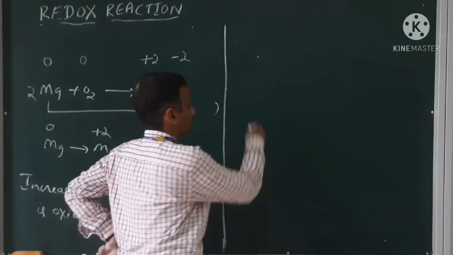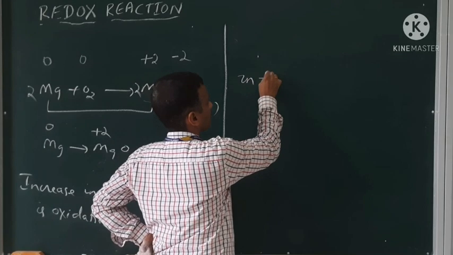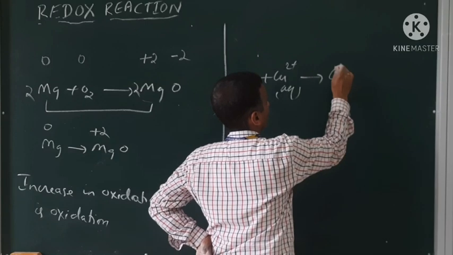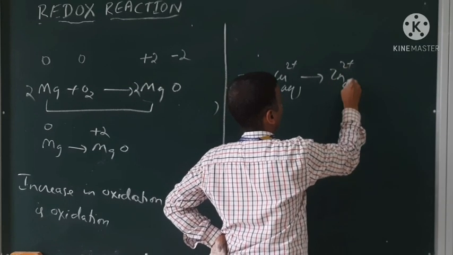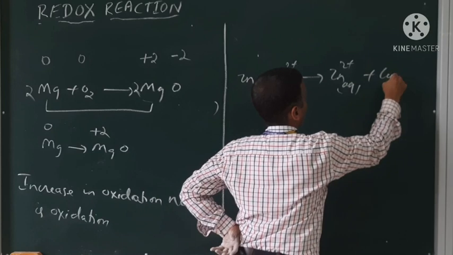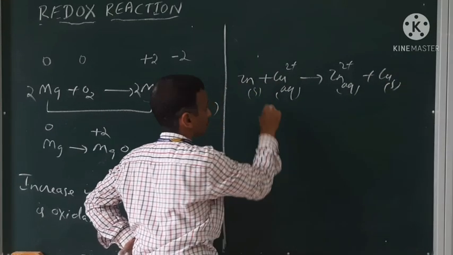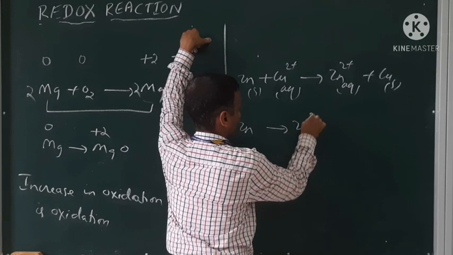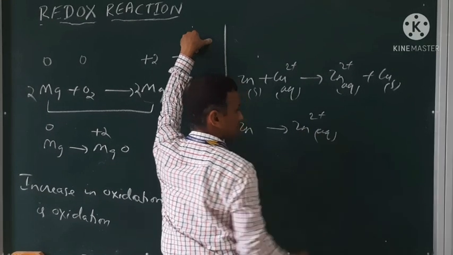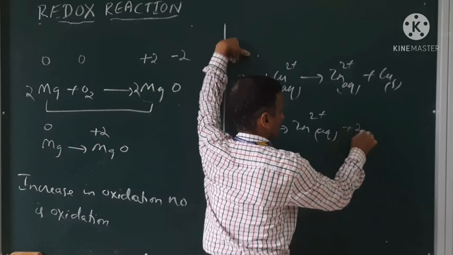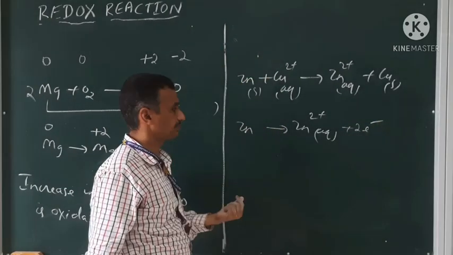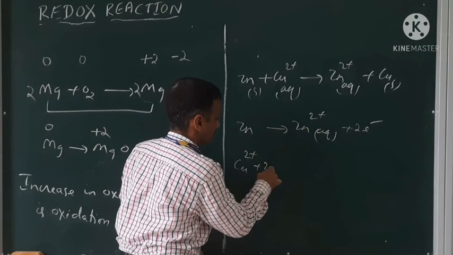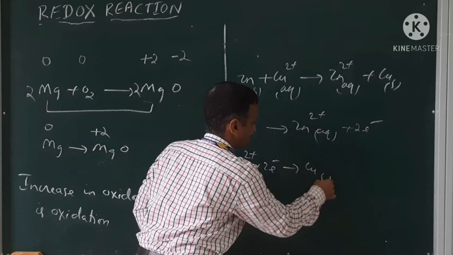Now take this example: zinc plus copper 2 plus aqueous giving zinc 2 plus aqueous plus copper solid. Zinc is giving zinc 2 plus ion along with 2 electrons, and these 2 electrons are taken by copper 2 plus to give copper solid.